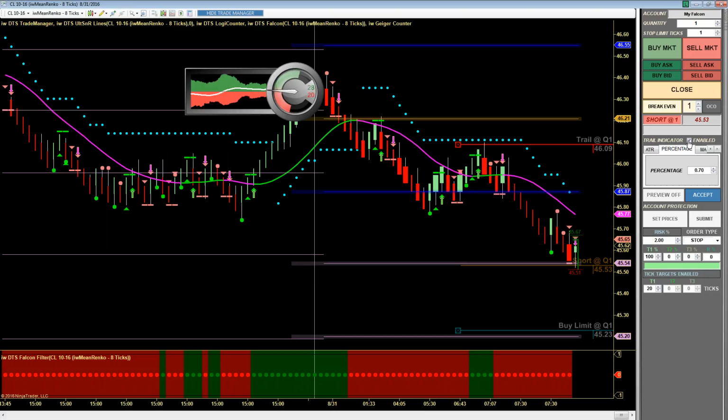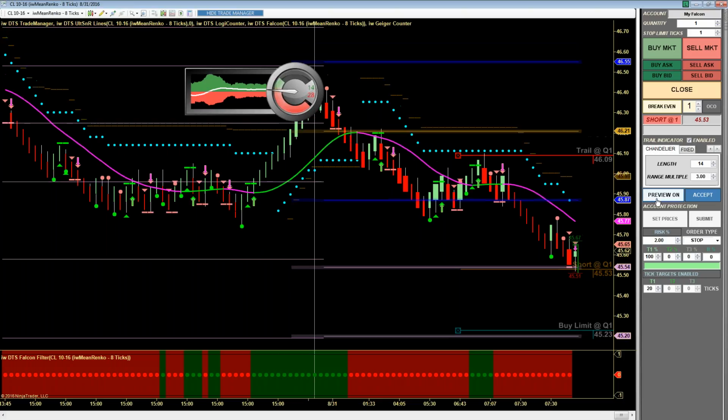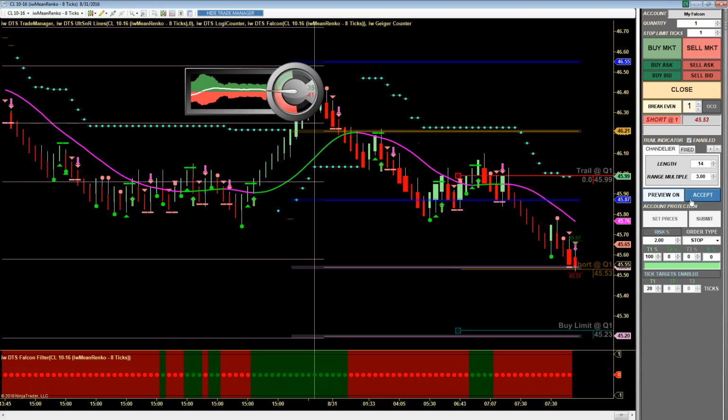But as long as my stop is enabled, the trade manager will always move it to the selected stop strategy. And let's see, where's the chandelier at? Okay, so if I want something a little more conservative, I can change my strategies midstream, if you will. Wow, they're really beating up on this secondary support line.